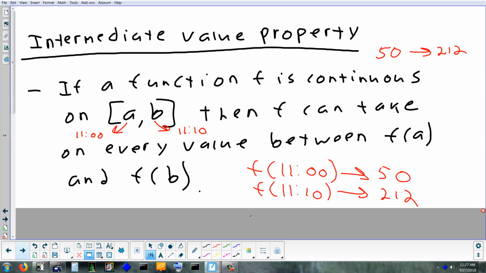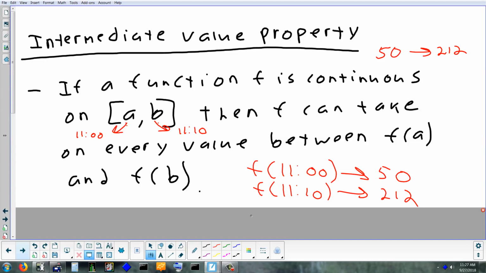What I'm saying is that if you pick a time between A and B, 11:03, 11:04, 11:05 and 12 seconds, whatever, then I guarantee you at some point you will go through any number you want between 50 and 212.